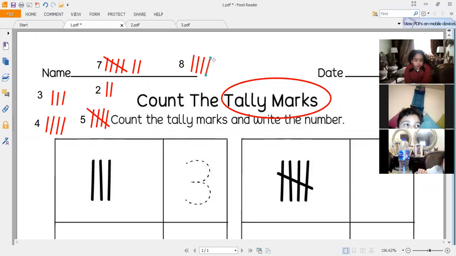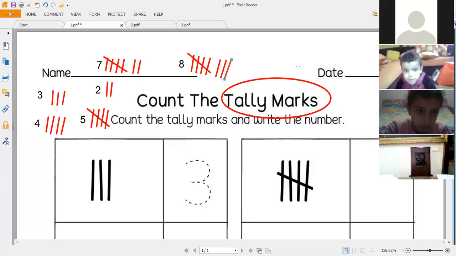No, not here. We will cross the 4 lines with the fifth one. Here we have 5. Keep going. 6, 7, 8. I want only 8. Thank you.